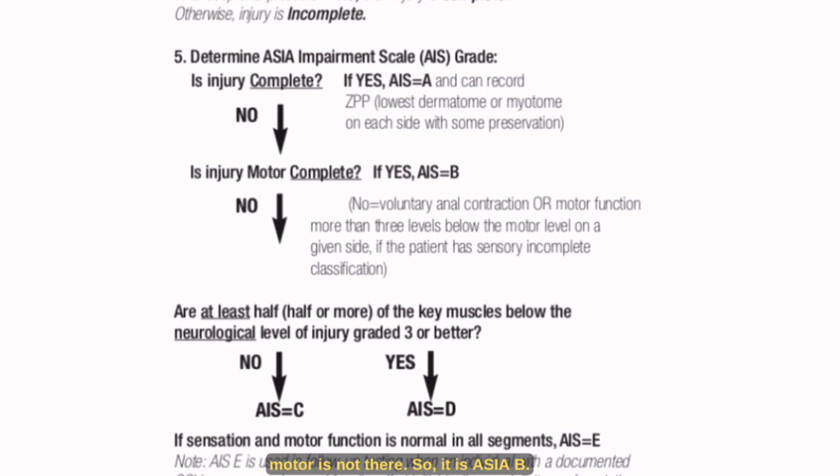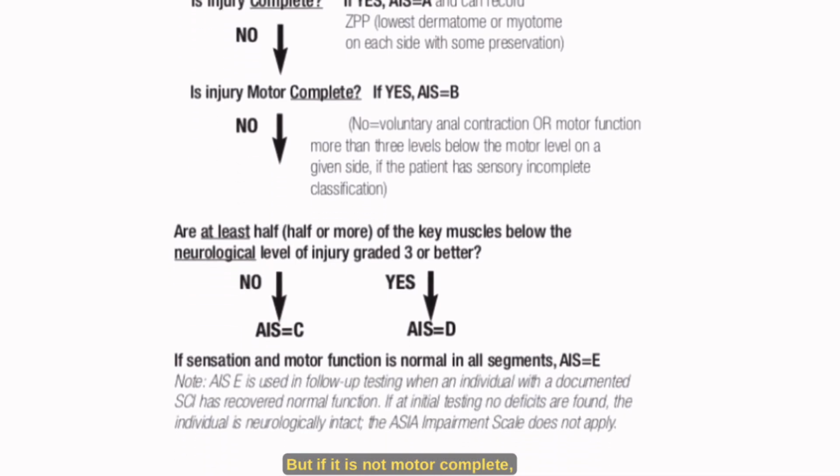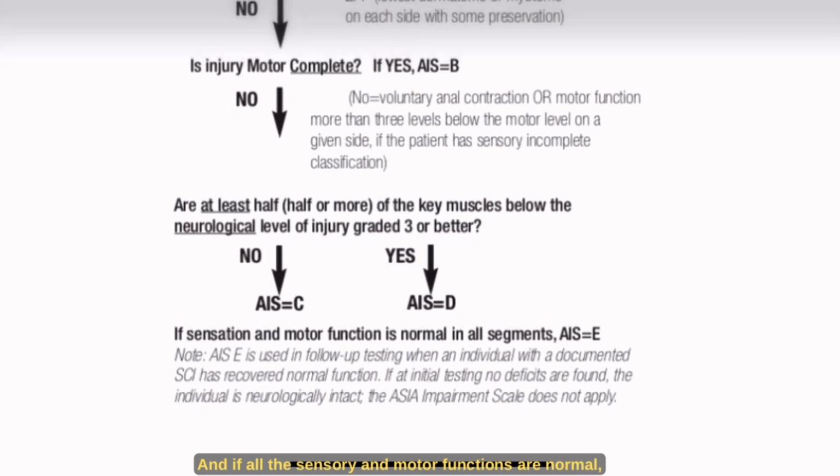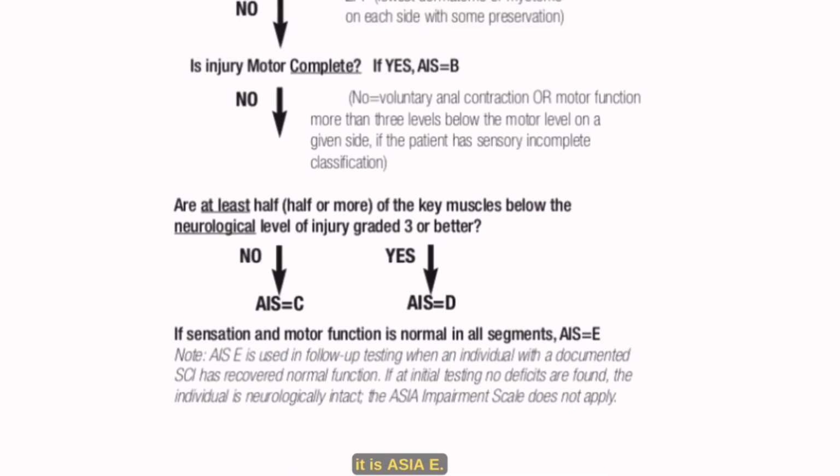So it's ASIA B. But if it's not motor complete, we go to the next step. So we find out, are at least half of the muscles below the neurological level graded 3 or better? If yes, it's ASIA D. If no, it's ASIA C. And if all the sensory and motor functions are normal, it is ASIA E.